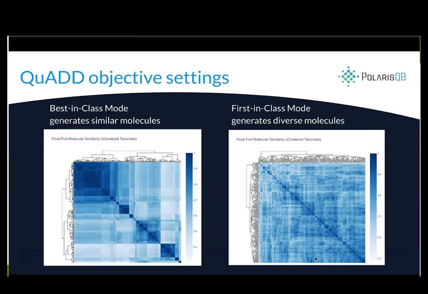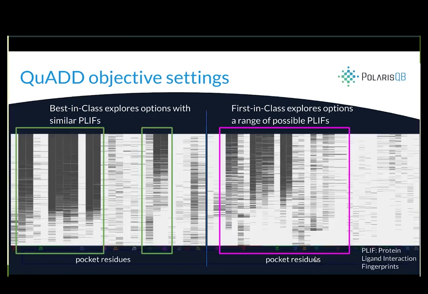Another way to look at this data is to look at protein-ligand interaction fingerprints. Along the x-axis are the protein side chains, and each of the small molecule candidates is represented as a horizontal row. Each of these is a candidate. The interactions between the small molecules and the protein side chains are represented by this dark line here.